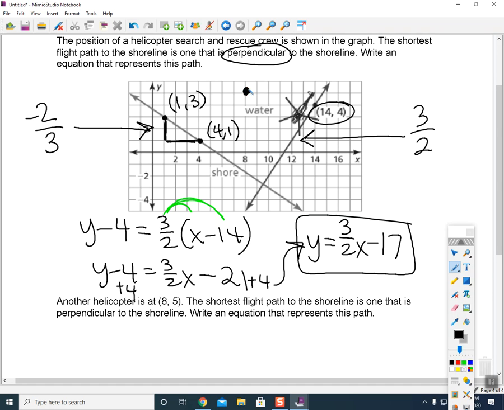Okay, so this is helicopter number 2. The shortest distance is also one that is perpendicular to the shoreline. So I want you to go ahead and figure out what the equation would be for this second helicopter. And then you can come back here and check your answers with me when you're done.